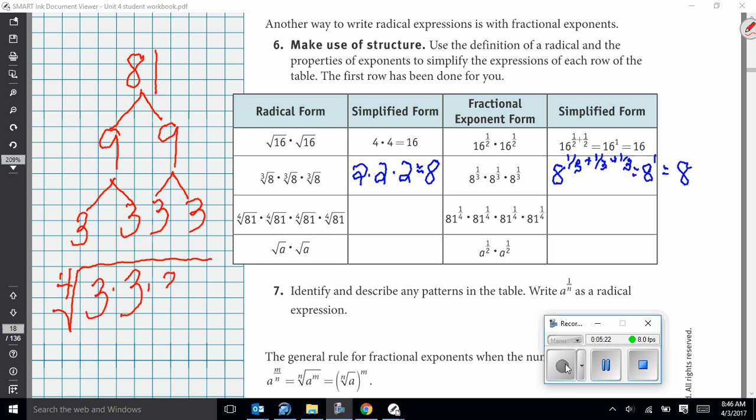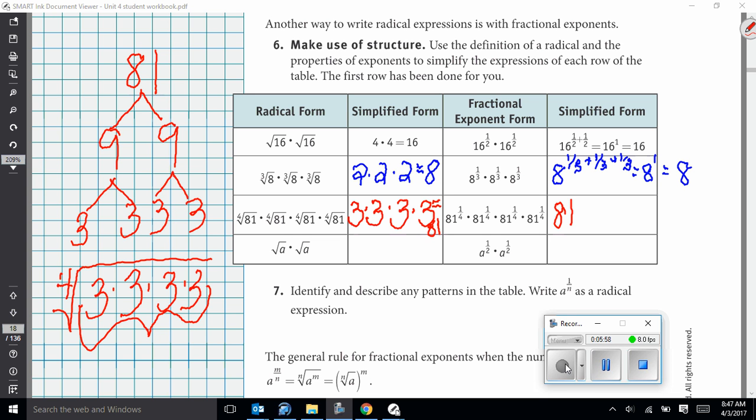So 81 is the same as 3 times 3 times 3 times 3, right? The fourth root of 81, we need groups of 4. So here we have a group of 4 threes. 4 threes on the inside make how many on the outside? 1, 3. So this equals 81.